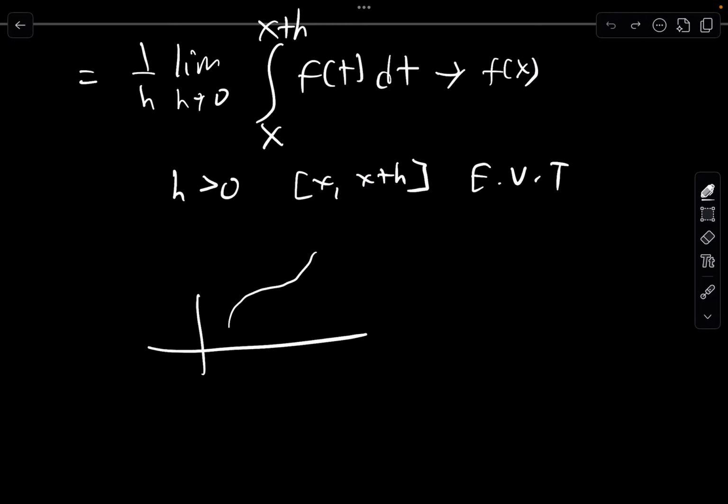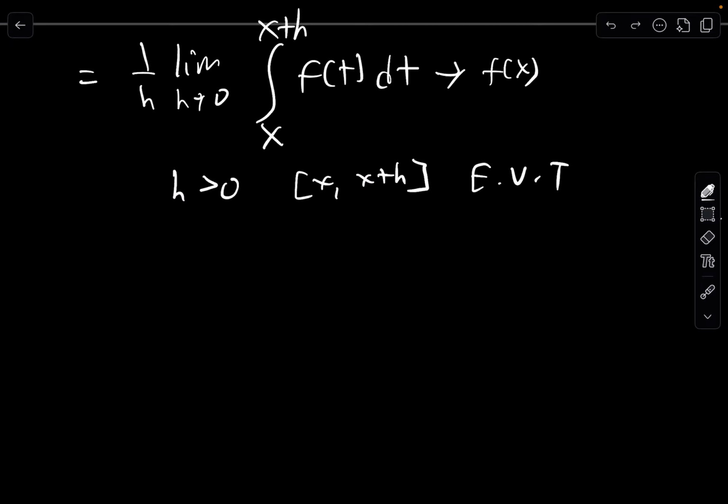Even if it was, let's say, something like this, this is the maximum, this is the minimum. So just extreme value theorem, really simple. It's just saying that there's a maximum and a minimum on a continuous function on a closed interval. In this case, this is going to be our interval. And we're going to define the max and mins and use the squeeze theorem. And you'll see how that happens.